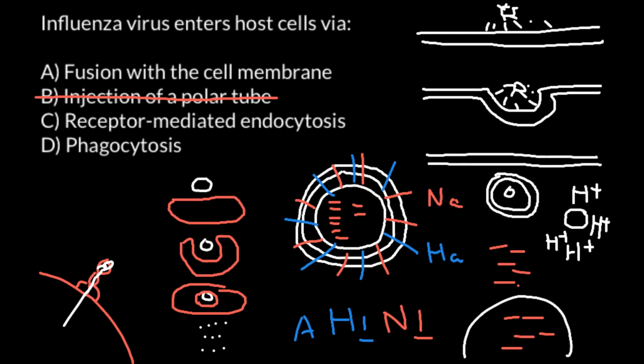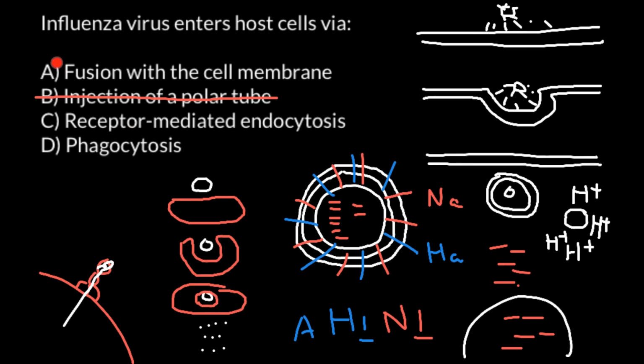But once again, just remember that in literature and in textbooks and scientific papers, you can see that receptor-mediated endocytosis and phagocytosis as a mode of entrance of the influenza virus can be used interchangeably. So variant C, receptor-mediated endocytosis, would be more appropriate.